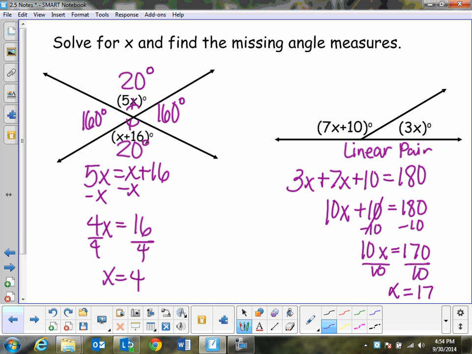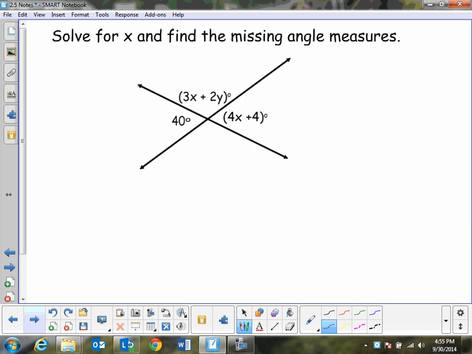So plug 17 in. 17 times 3 is 51 degrees. And then you know that these two add up to 180, so 51 subtracted from 180 is 129. So then we have both angle measures. And this is just using algebra.